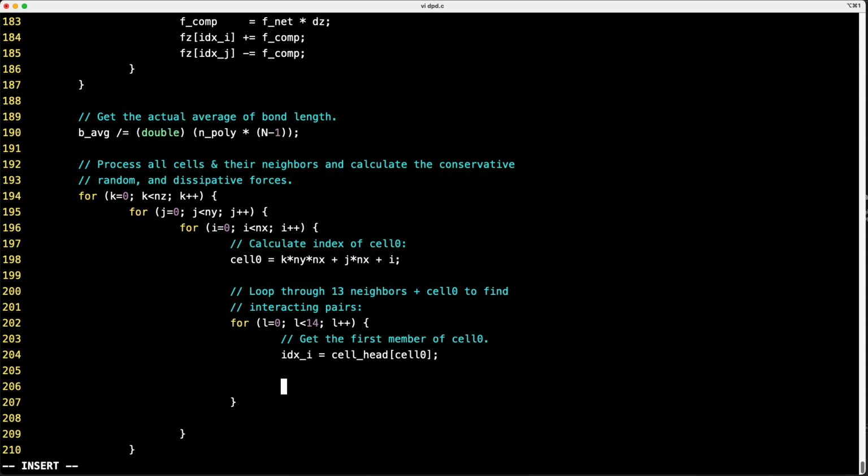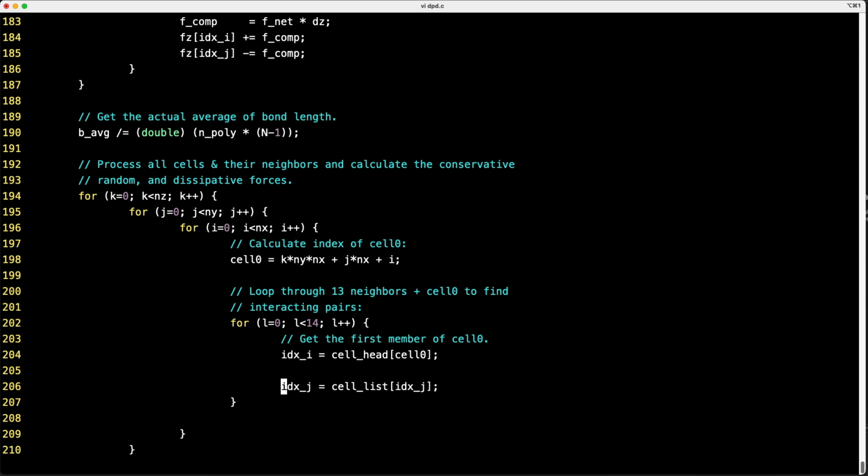So that's how our linked list works. If we wanted to find the next particle in the cell, we would say idxj is equal to cell list idxi. So this would be the first particle in the cell, the next particle after that would be cell list idxj, and so on and so on. So that's how our linked list works.